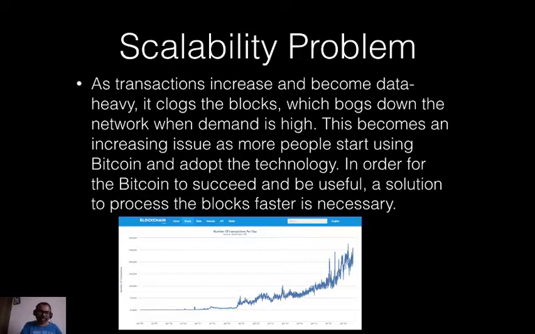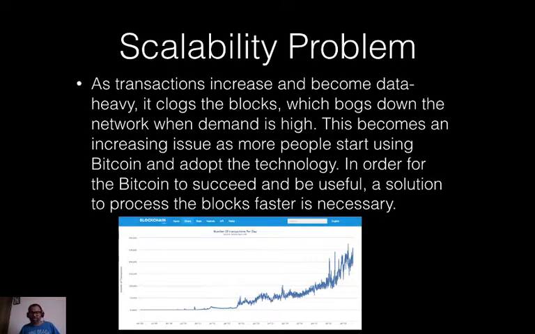And as I said earlier, when the number of unconfirmed transactions increases, the miners can choose the transactions which have a higher fee.